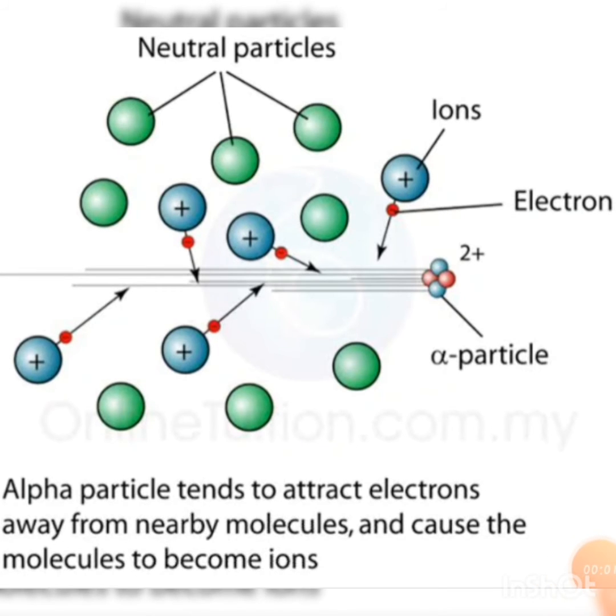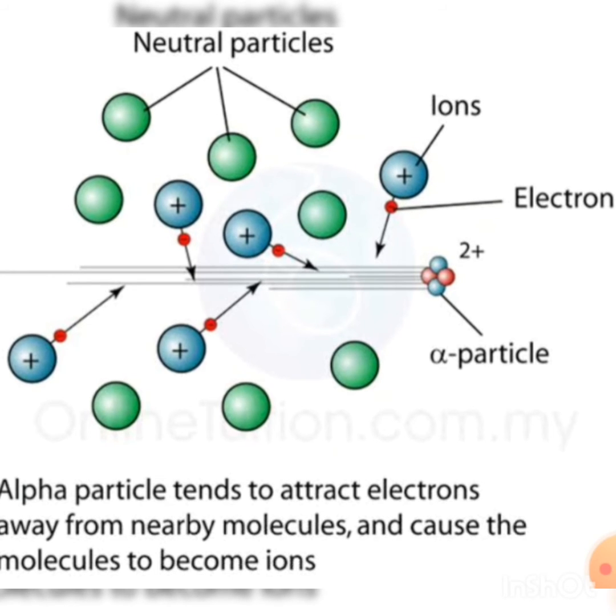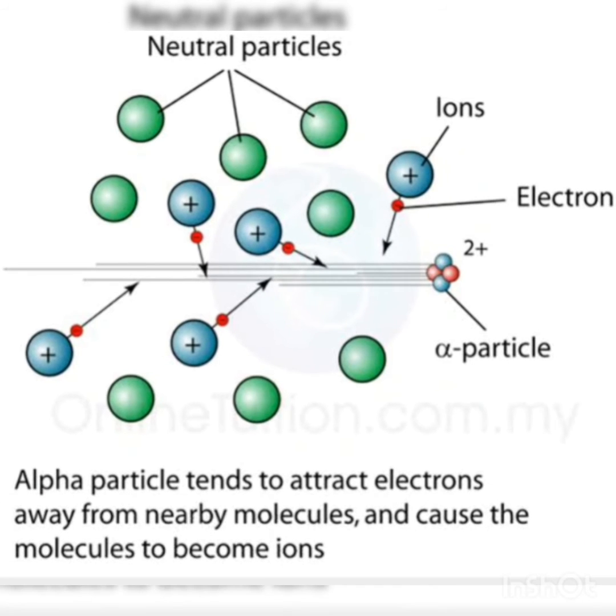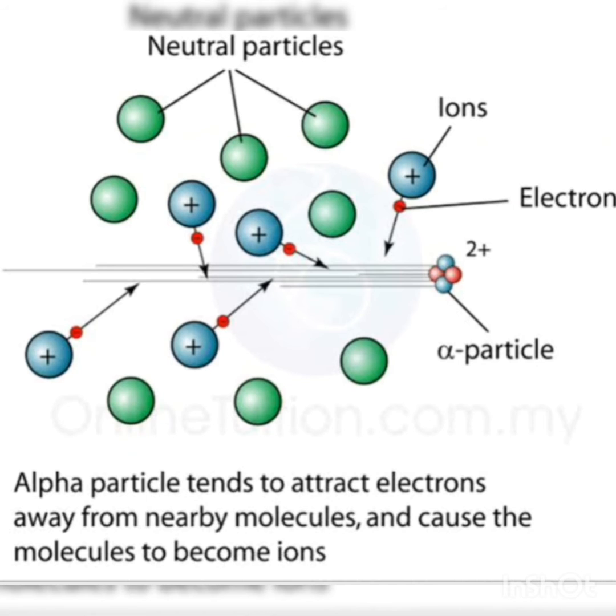The ionizing power of alpha particles is maximum. Then come the beta particles, and at the end the gamma radiations. Ionizing power means the ability to form ions. Alpha particles, when passing through molecules, easily attract electrons and therefore make the nearby molecules positive in charge.